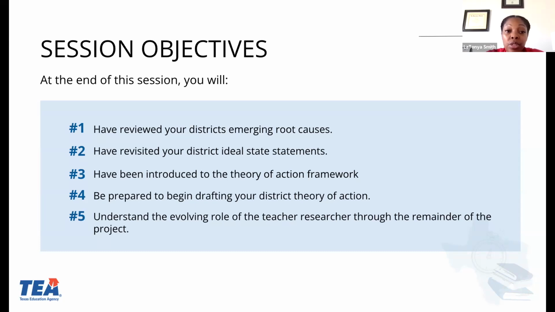You've been introduced to the theory of action framework, and you'll be prepared to begin drafting your district's theory of action. And then you'll be ready to understand the evolving role of the teacher researcher through the remainder of the project. So we'll talk about the teacher researcher transitioning from their current role to more of a consultant role.